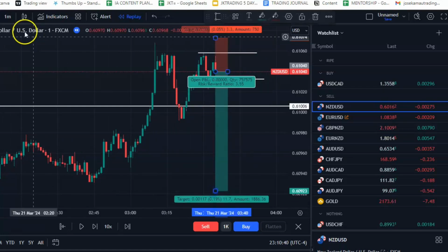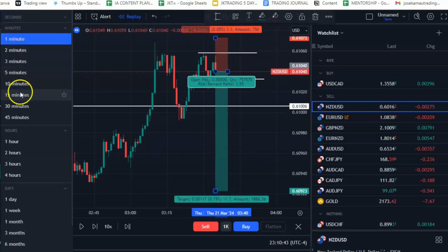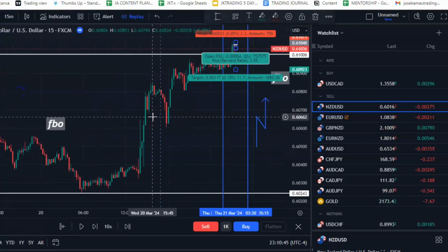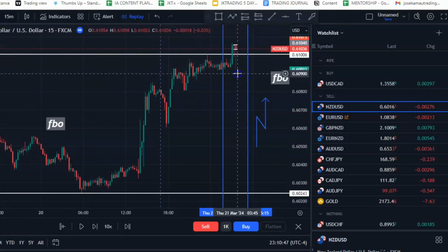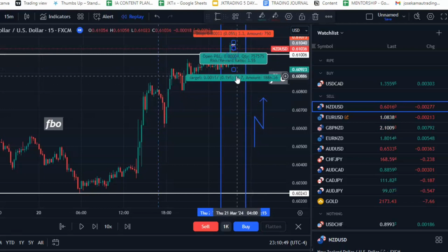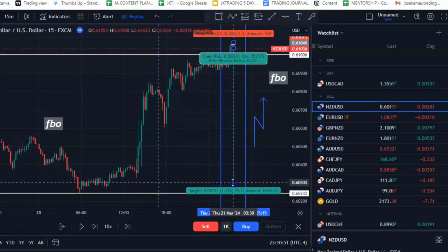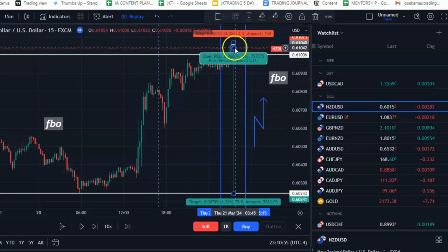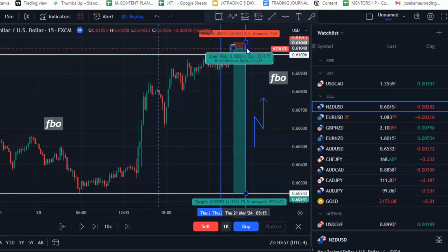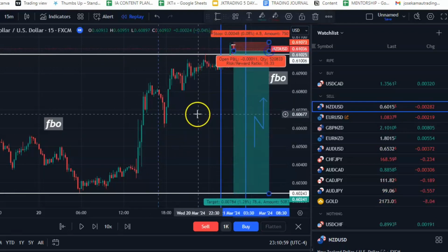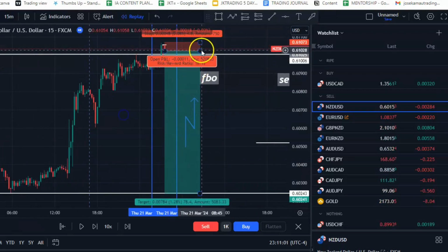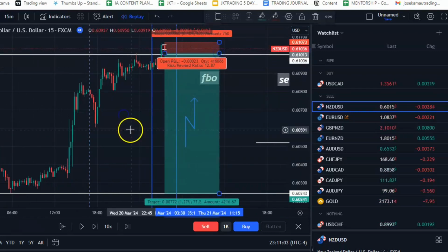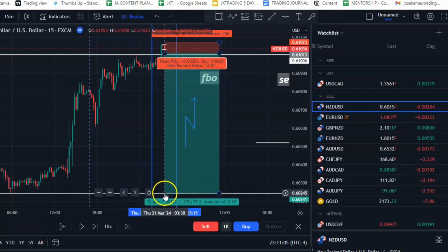Now, this was a very massive move. It gave us about a 10% return on this one single trade. And so this market structure is the recipe for actually catching these big moves from the high of the day to the low of the day.